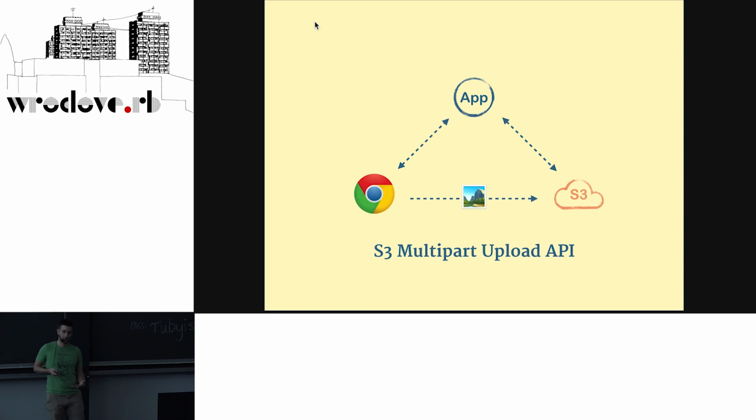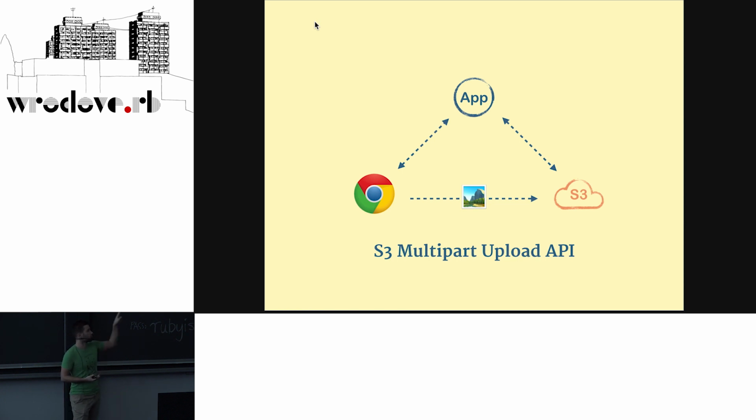The simplest way to achieve resumable uploads is similar to the direct uploads to S3 that we already talked about. It's just that the browser is using the multipart upload feature from S3.